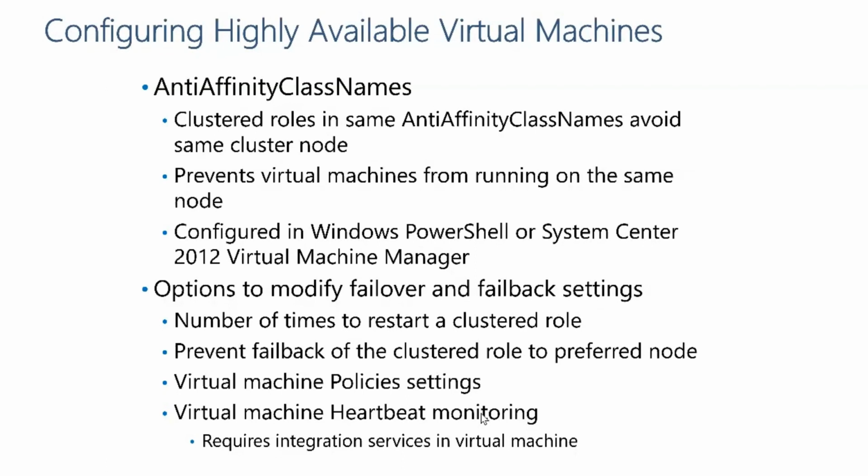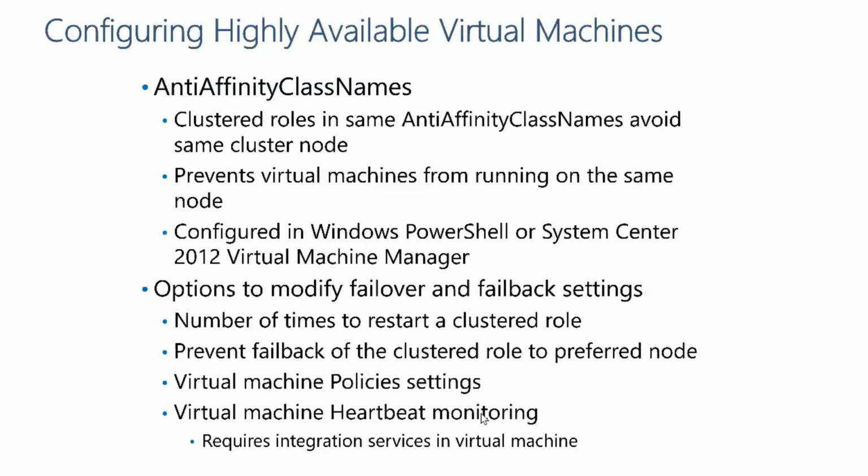But just because the Hyper-V server is running doesn't mean the virtual machine is running properly. What if the virtual machine had a failure, like a blue screen of death? If that machine has a blue screen, no one notices, and it is not providing a service to the rest of the network. So it's a useless virtual machine.